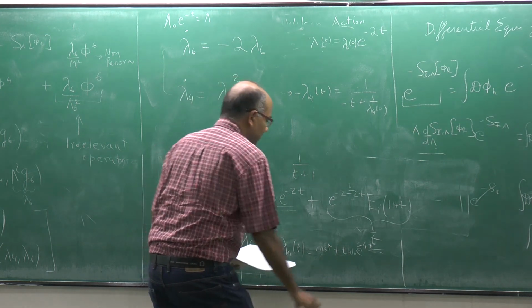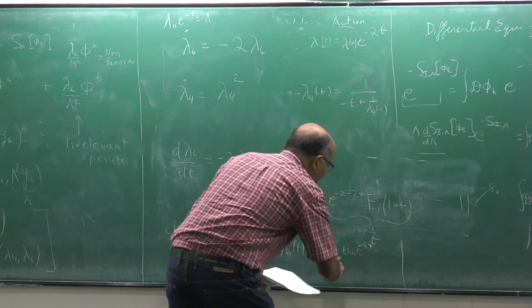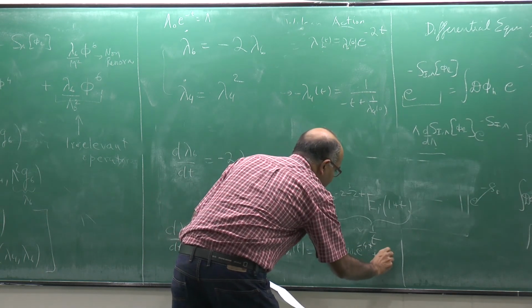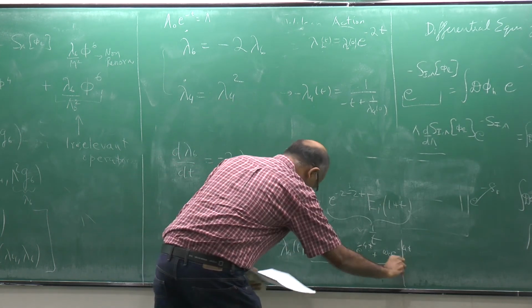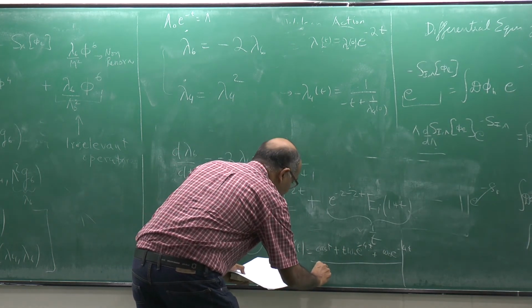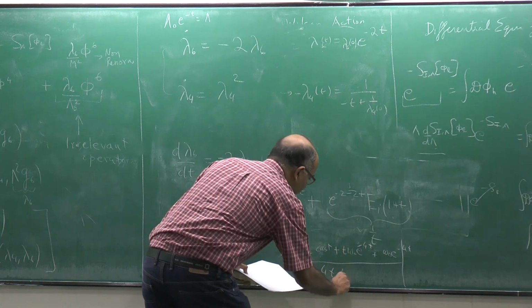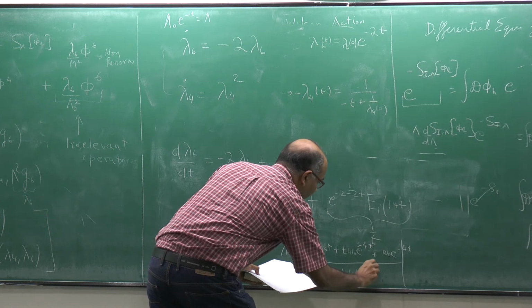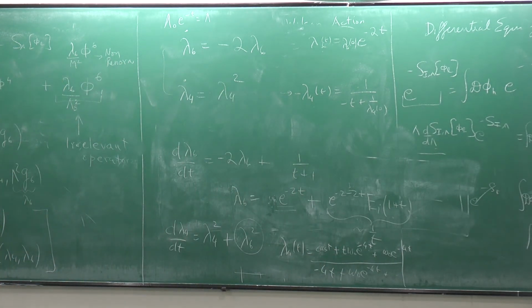So I'm putting in this solution. T times W naught e to the power minus 14 plus, with some numbers that are not important, and the denominator is also something like this. You get some linear term in t, which is like that, plus some W naught e to the power minus 4t, etc. This is the form of the solution.